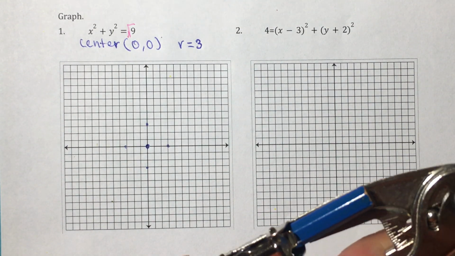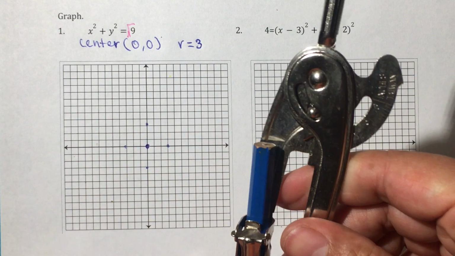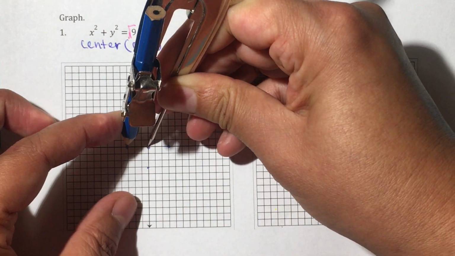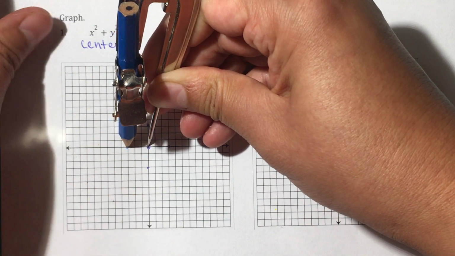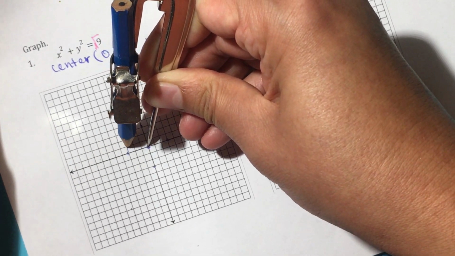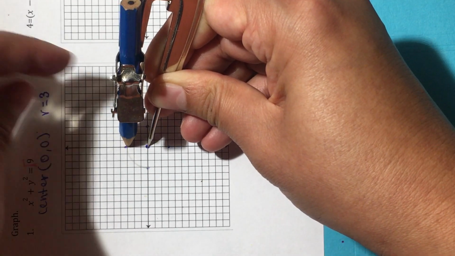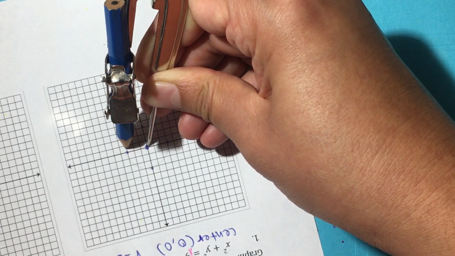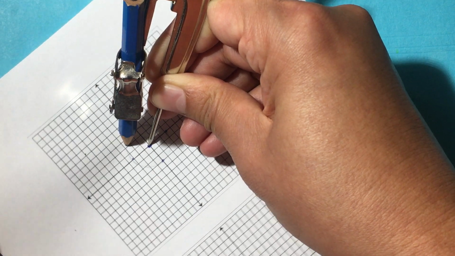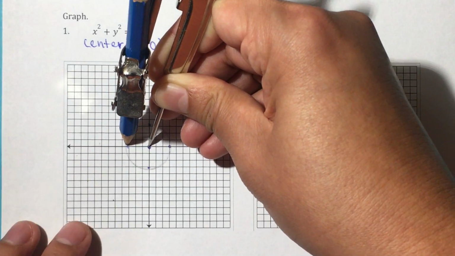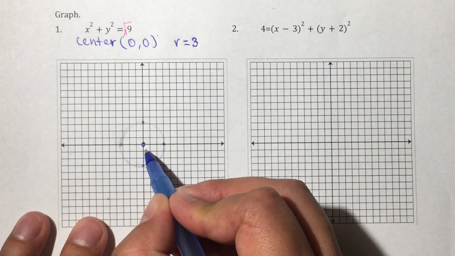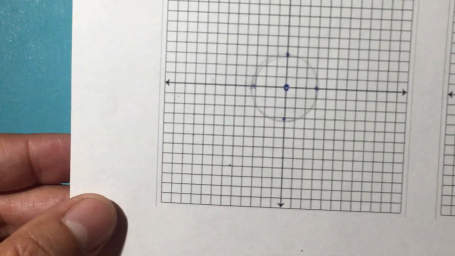And again, it all depends on what kind of tools you have. We'll try our best, especially since these are very tiny squares. And what I recommend is that you turn the paper instead of turning your compass, unless you're very skilled with your compass, then that's fine. And there it is. This goes a little to the left. Let me do a close-up.